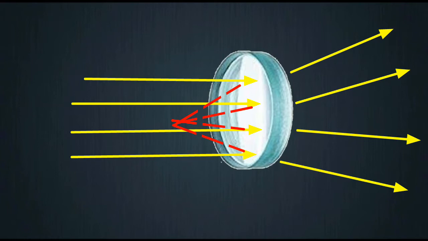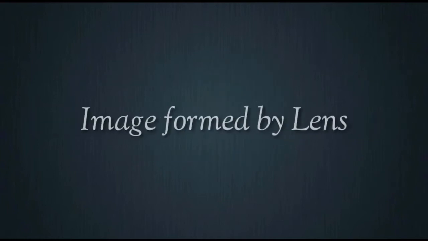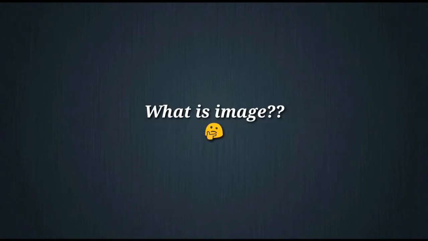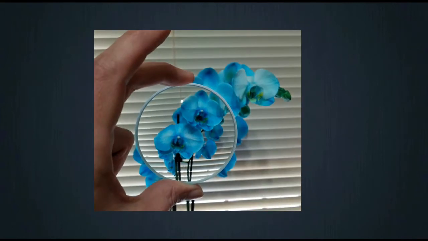Let's see the images formed by the lenses. Now what is an image? When we look through the lens, the picture of the object is the image. So first we will learn about the image formed by a convex lens. As we know, a convex lens is thicker at the middle and thinner at the edges, and it is a converging lens.